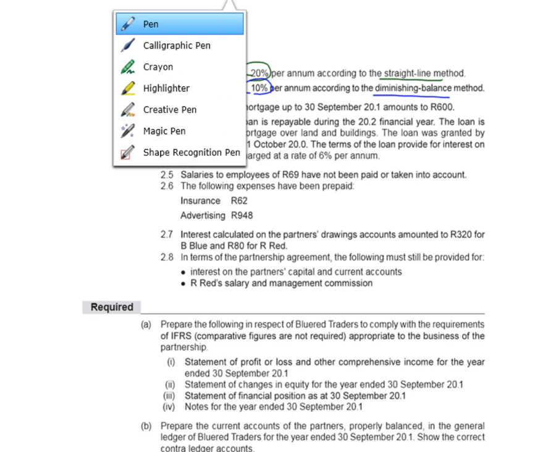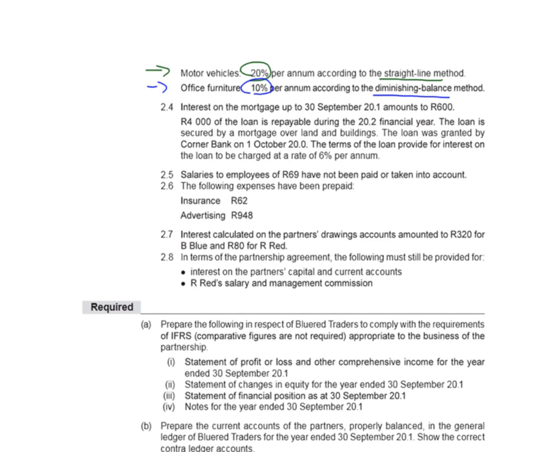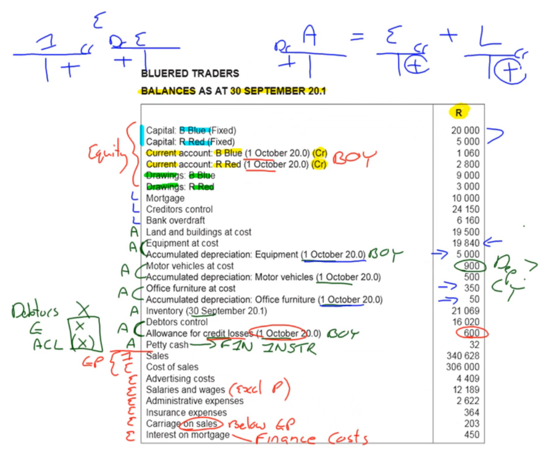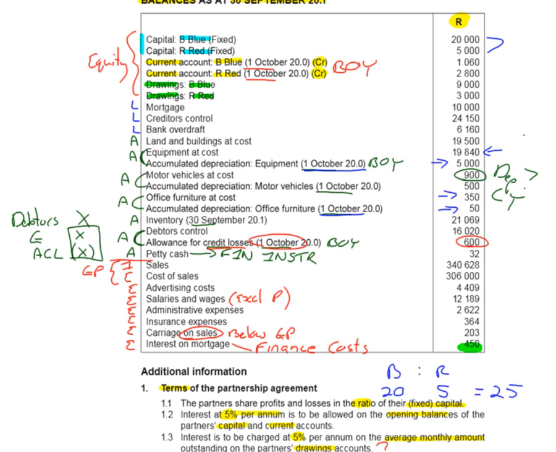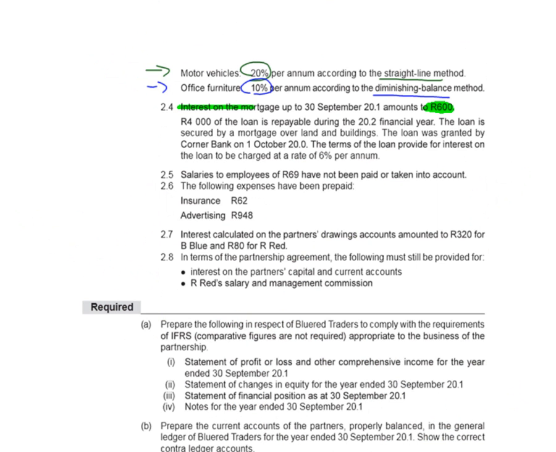Next up, we now deal with interest on the mortgage loan to 30th of September amounts to 600. But if you recall, we only had 450 in the trial balance. What's happened here is probably the interest that's recorded in the trial balance is what was actually paid, not necessarily what was fully accrued, right? So I'm going to have to go and we'll call this working 2.4.